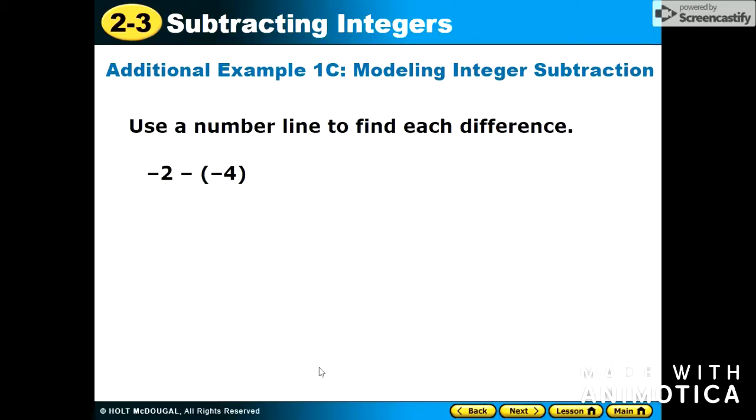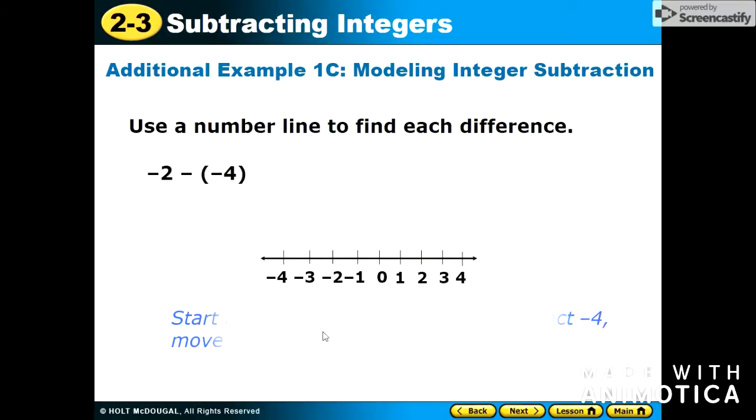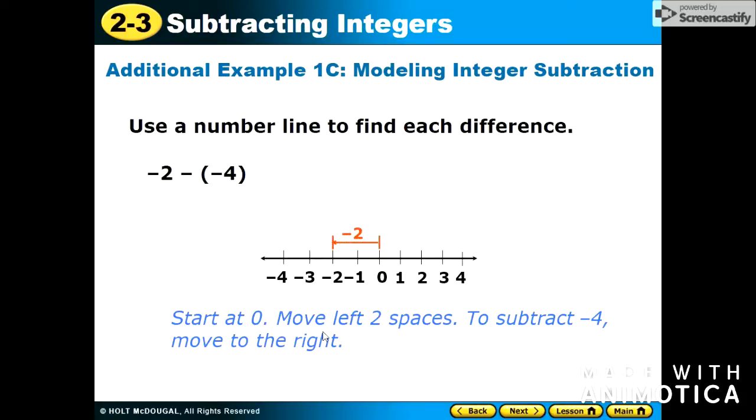This additional example C is not on your sheet, but let's look at how they do this one. It's a little bit different now. I have a negative and I'm subtracting another negative from that. Okay, so I would start at 0 and then go 2 spaces to the left. Negative 2 is my first number. And then to subtract negative 4, I actually go back to the right.